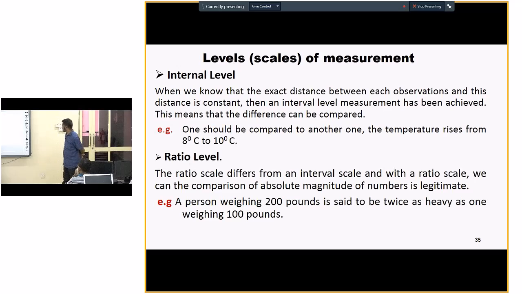The temperature rises from 8 to 10 or 12 to 14. The gap between these two centigrades, right? We can say like that. But you cannot take a percentage, that means the gap between 10 and 20.